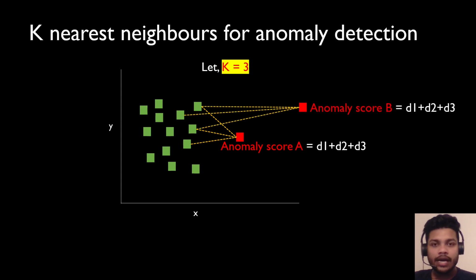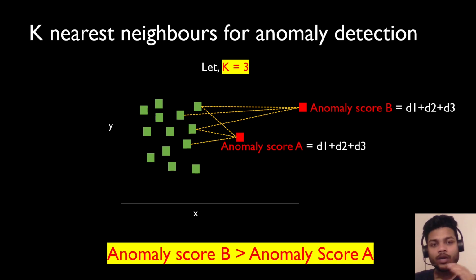For that, we obtained the anomaly score just by taking the three nearest samples from our dataset and calculating the sum of those distances. Here we'll see that the anomaly score of B is definitely going to be greater than the anomaly score of A. So the point B is highly likely to be anomalous compared to A. That's all.